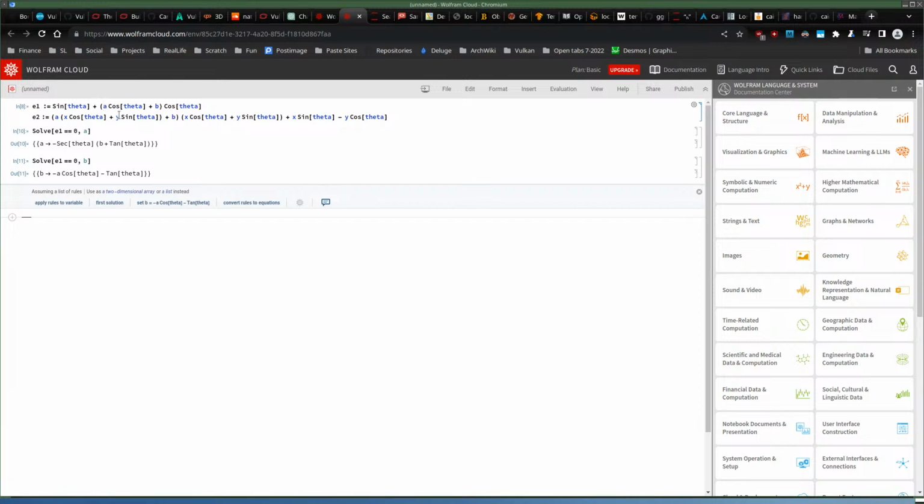Solving A. So that's minus the sine of theta, minus B times the cosine of theta, divided by the cosine.